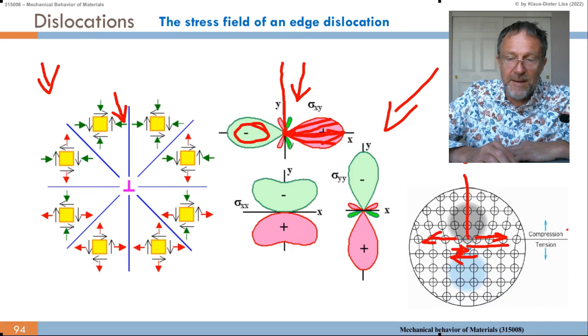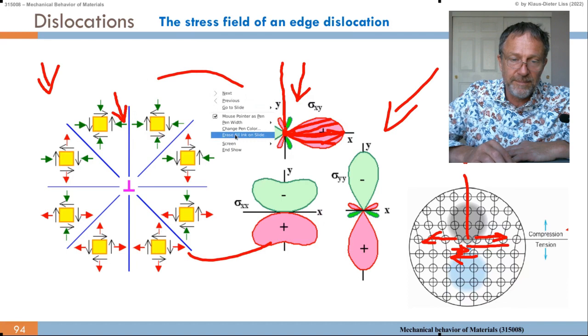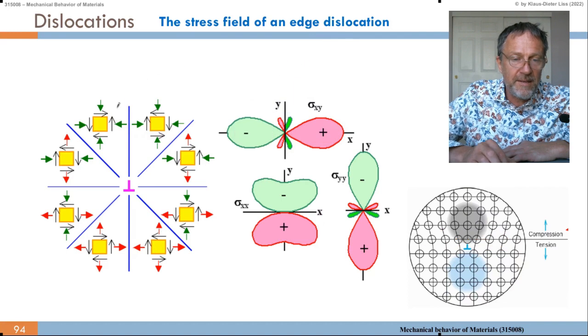So compressive here, we said this is the negative, green, yeah, here is also green, yeah, and red is red, and green is green between the two figures. Sorry for that confusion. So here we have the compressive. We have compressive in this direction. We have compressive in this direction. We have compressive in the y direction as well. So these are the normal stresses, the green arrows in those two octants. But we see the shear changes.